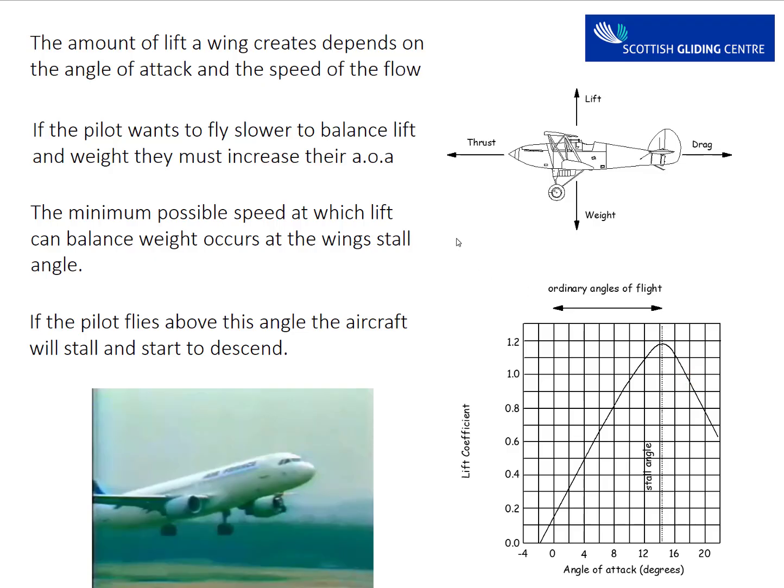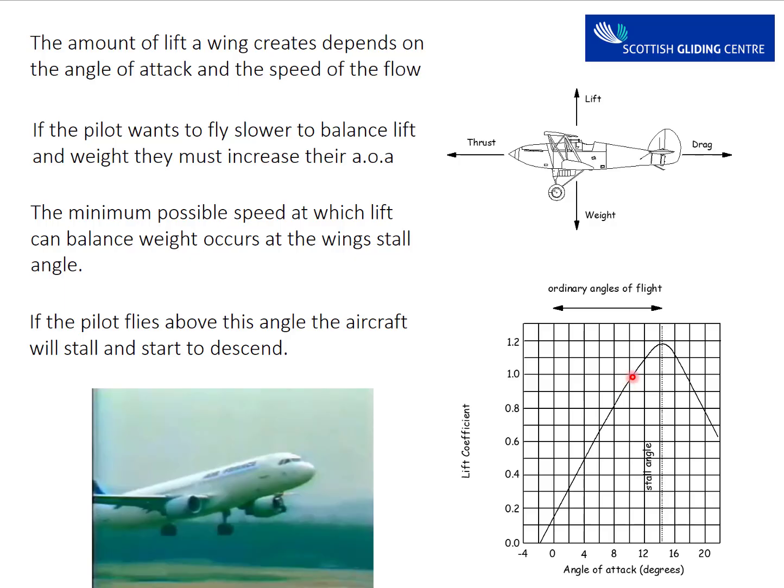Now, why is this a problem? Well, let's imagine that we're flying along, balancing our lift and our weight. Then as we fly slower, the amount of lift we would generate for a given angle of attack becomes less. So in order to balance lift and weight as we fly slower, we have to fly gradually at a higher angle of attack.